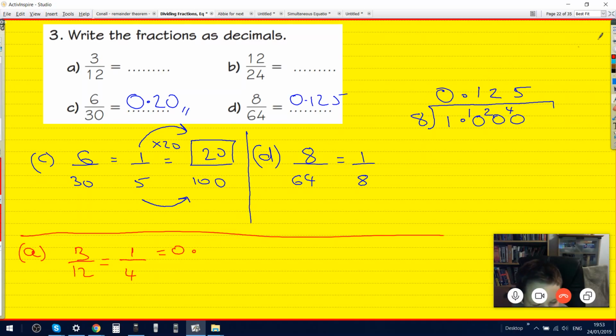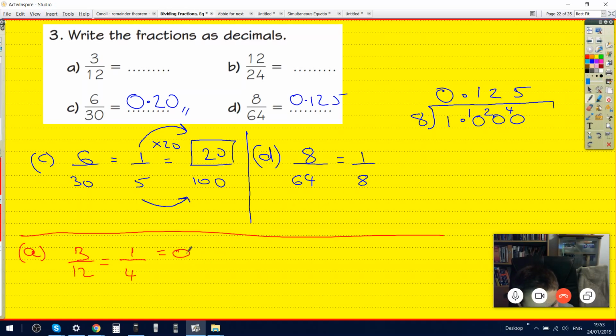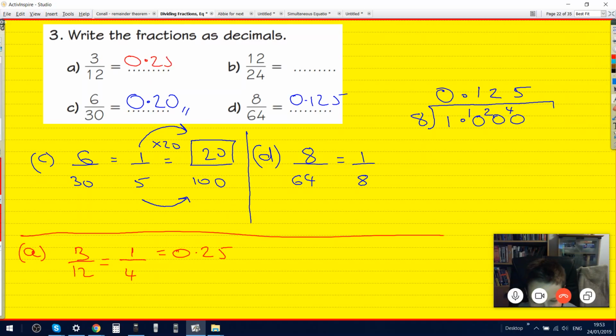Or how would you get it over 100? Wait, I think it's 0.25. Well done, 0.25. Just because it comes up so often, you've remembered it. It's basically 100, 50, 25.